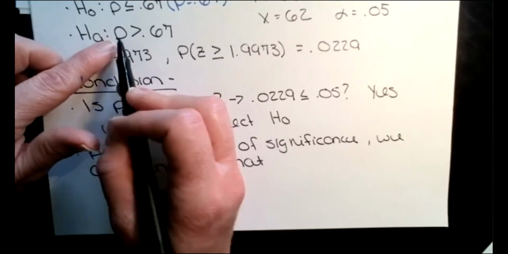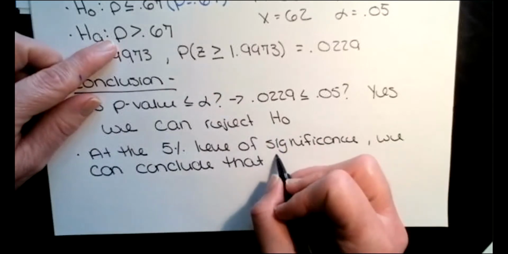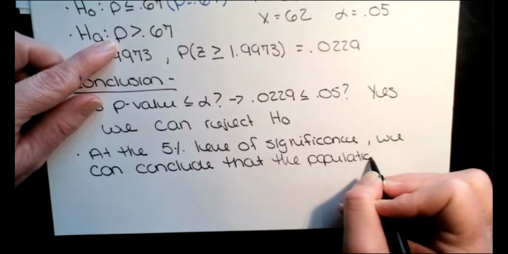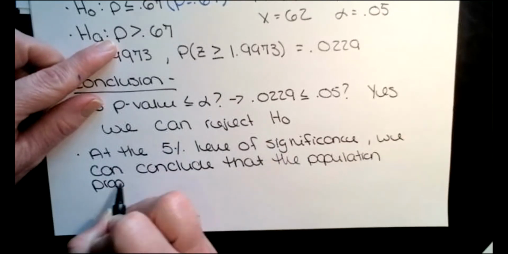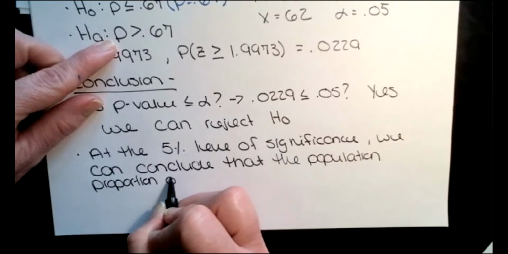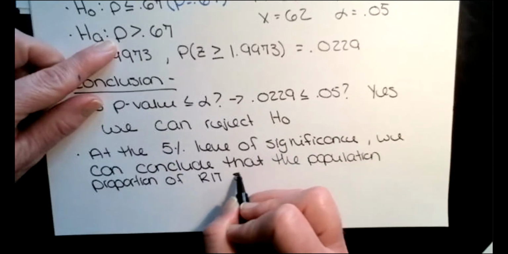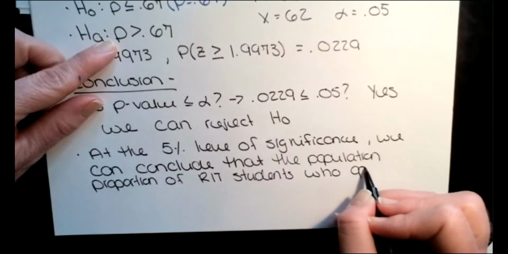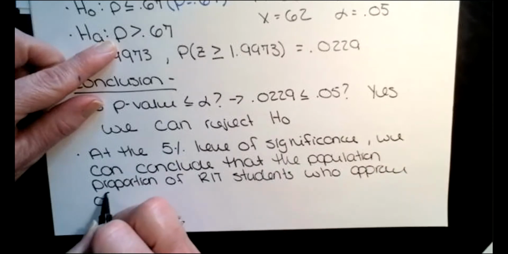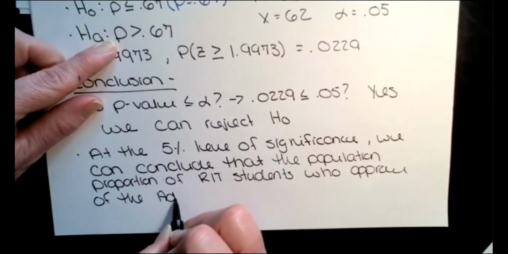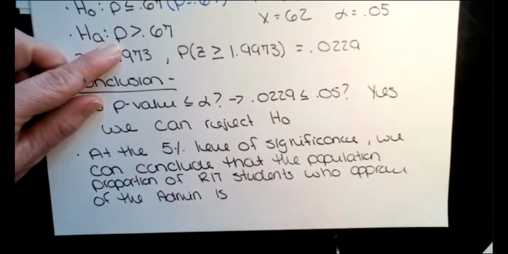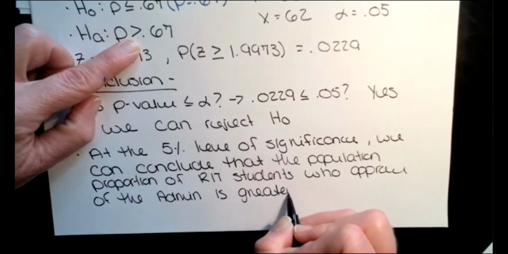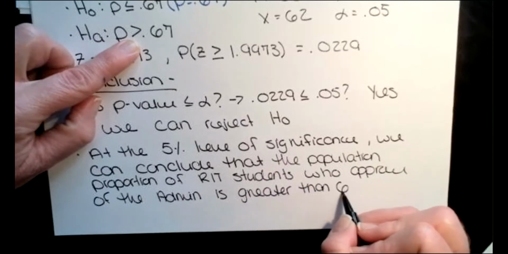So I want to say that we can conclude that the population proportion of RIT students who approve of the admin is whatever this HA says, greater than 67%.